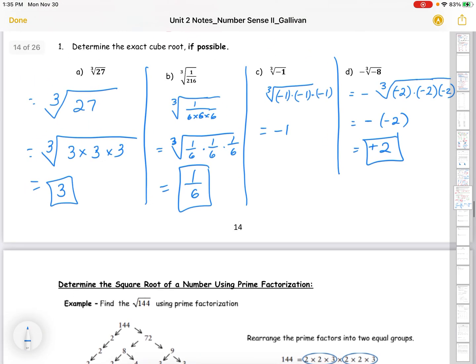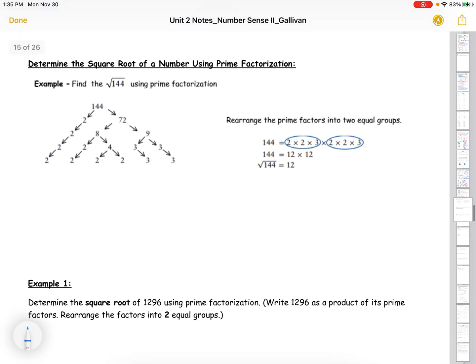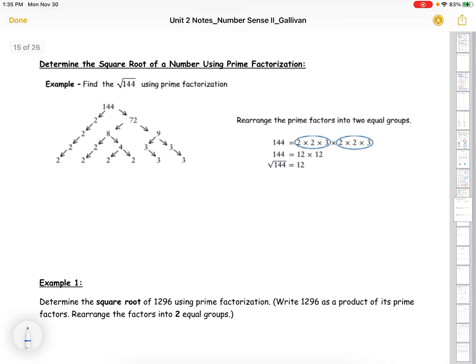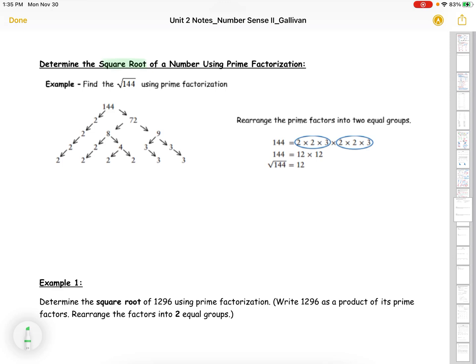Now, your calculator can help you out a bit there, but we're going to do a method here using prime factorization to help us and to show us how to do this. So, if I want to find the square root of 144 using prime factorization, I'm just looking for the square root, so I'm going to be looking for pairs.